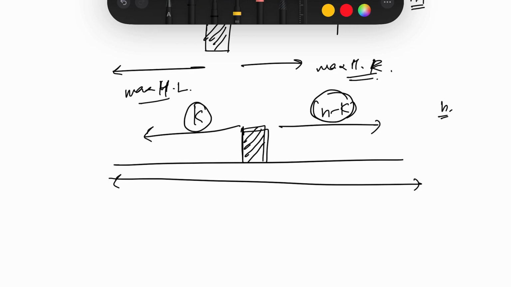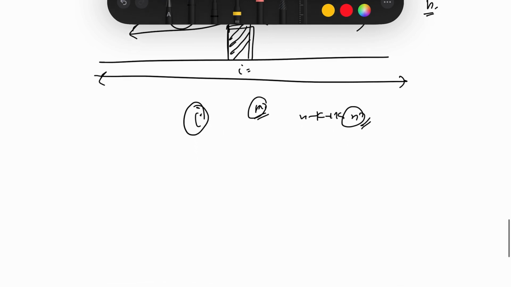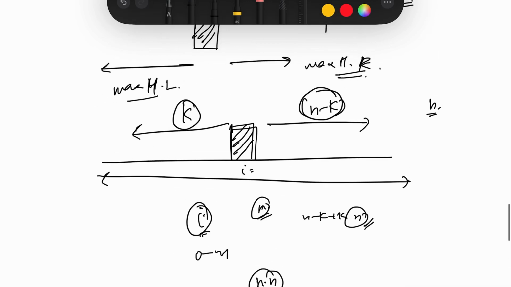In total, how many items did we search at this index? N minus k plus k, which is n. It means that for every value of I, we are searching n items again to figure out the maximum height on the left side and the maximum height on the right side. So the I value will go from 0 to n minus 1. So it is going to be n into n time.